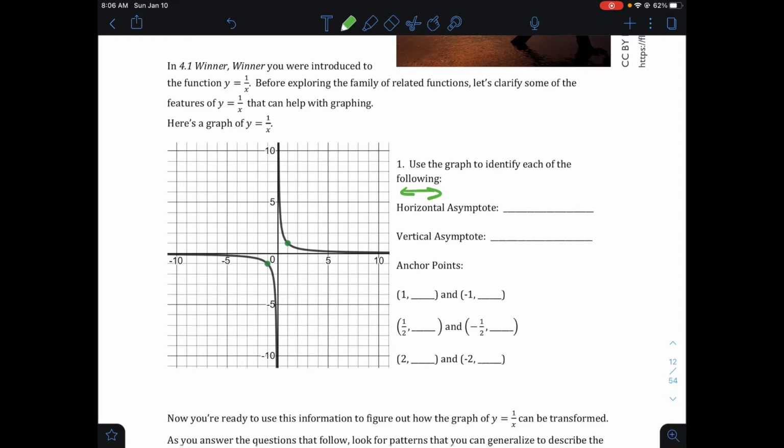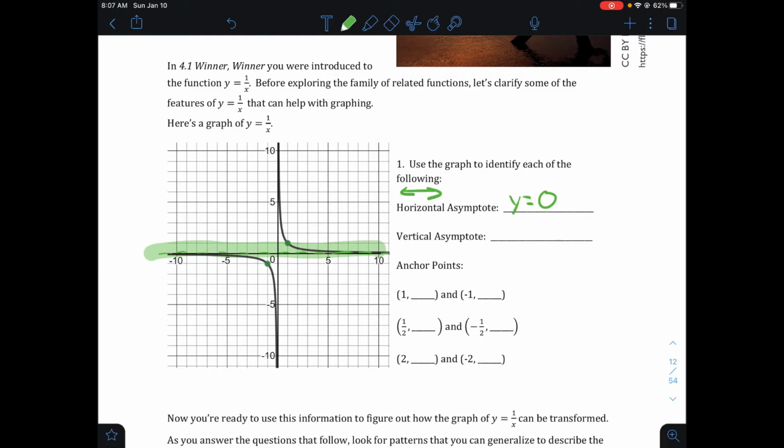Lines that go right to left are always y equals. On this parent function, the horizontal asymptote is here at y equals 0. It's this guy right here. So you would say y equals 0.